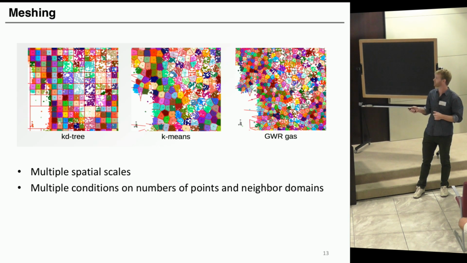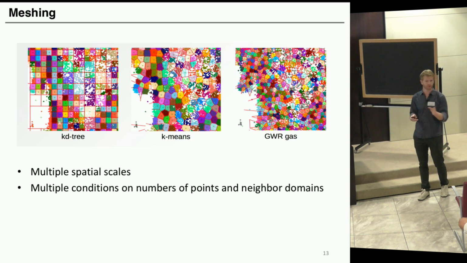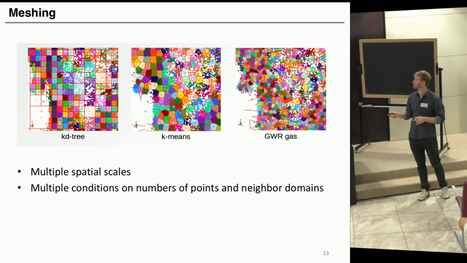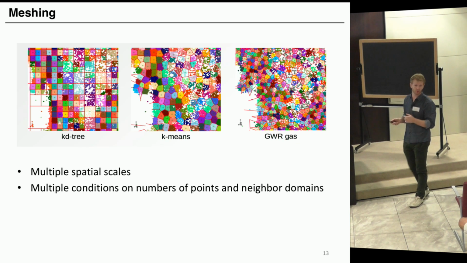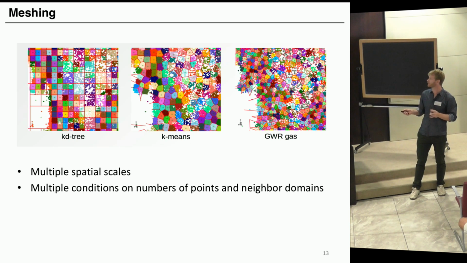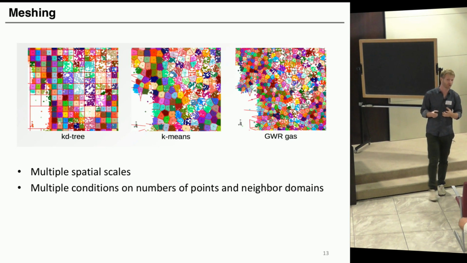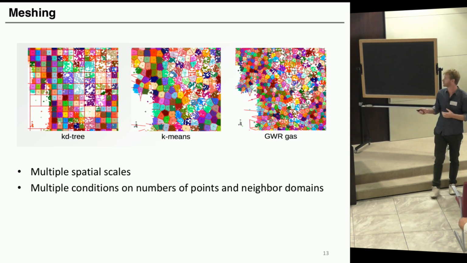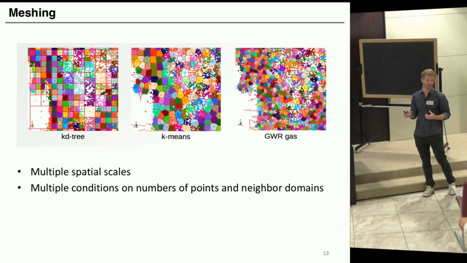The KD tree allows us to adapt the size of the domains to take into account a different density. K-means is also a very standard method, which allows us to adapt the shapes, but it doesn't allow us to adapt the sizes.